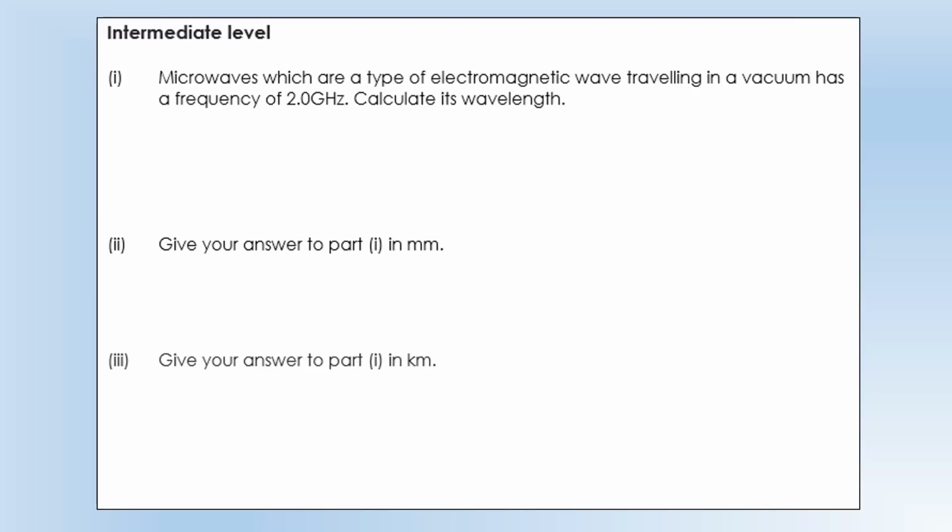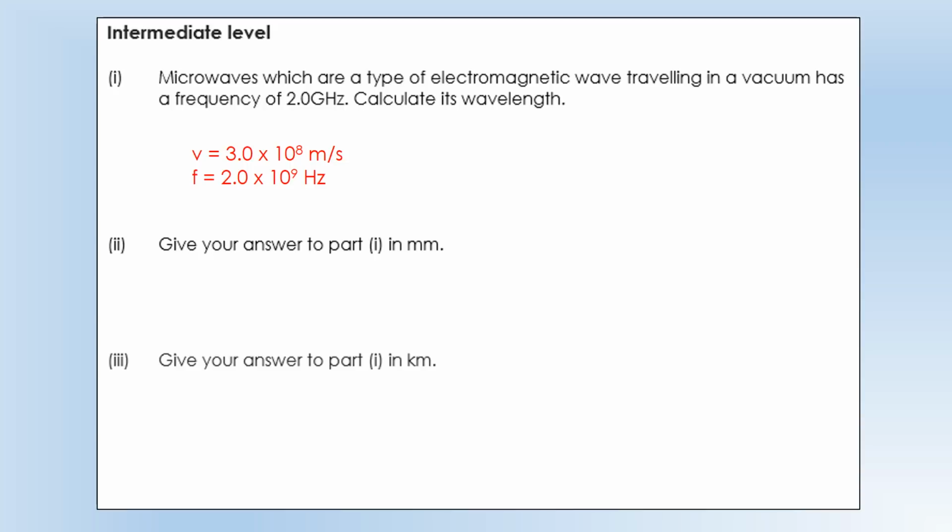Okay, so now we're going to start integrating some conversions into this. So we've got microwaves, a type of electromagnetic radiation with a frequency of 2 gigahertz. That actually sounds pretty high for a microwave, if I'm honest, but it doesn't matter for the purposes of these questions. First of all, microwave is in the electromagnetic spectrum, which means it travels at 3 times 10 to the 8.